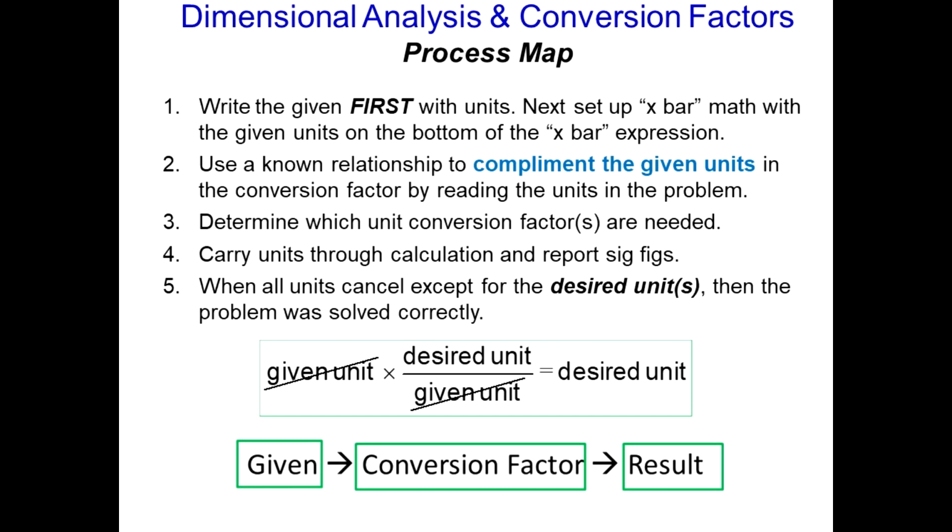It will also tell you what your second down unit is going to be every time. If this is inches, then your second unit down here is going to be inches. This is gram, this unit is going to be gram. If this is zebras, then this is going to be zebras. You get it? That is the key to starting a good dimensional analysis. If you start there, usually the rest will work its way out.